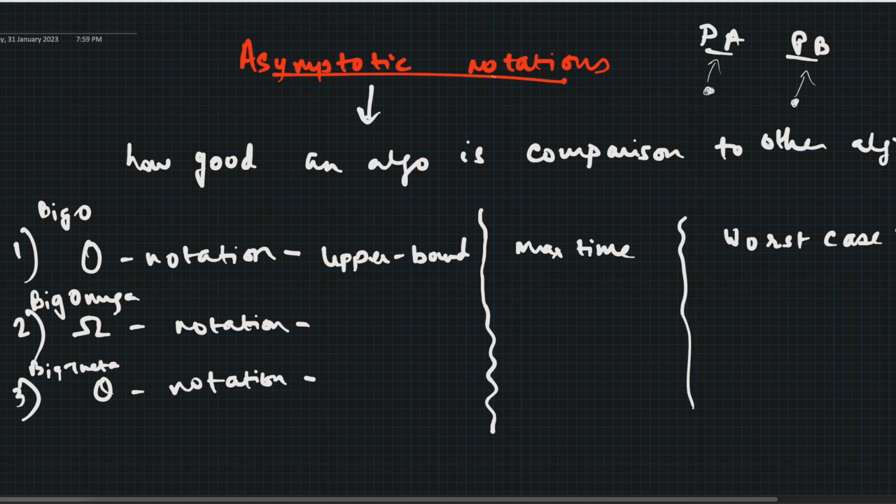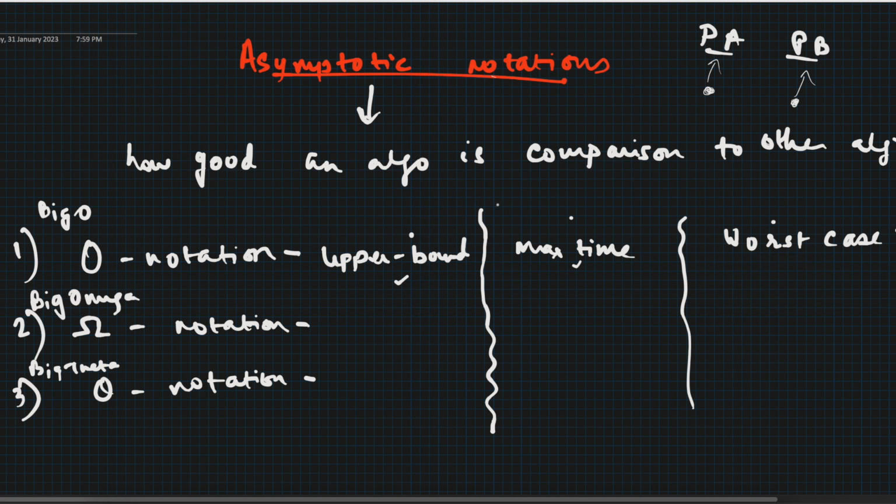I've written these three terms because they actually define what big O notation means. For an algorithm you have written, you want to understand how far it can go, given a certain input size. What can be the worst case in which this algorithm is going to perform? That needs to be understood through the big O notation: upper bound, the maximum time it can take, or the worst case time complexity.